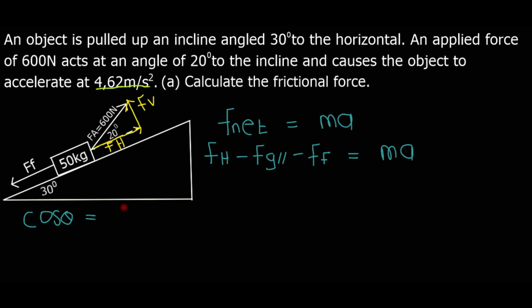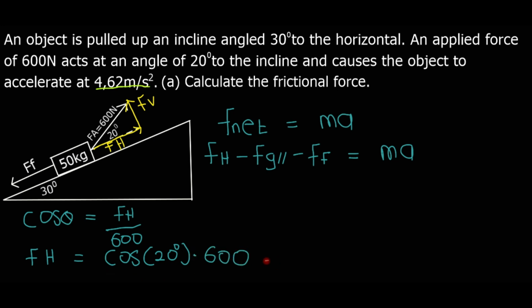Our adjacent in this case is FH and the hypotenuse is 600. So FH equals cos theta, use this angle which is 20 degrees, times 600. That gives 563.185.